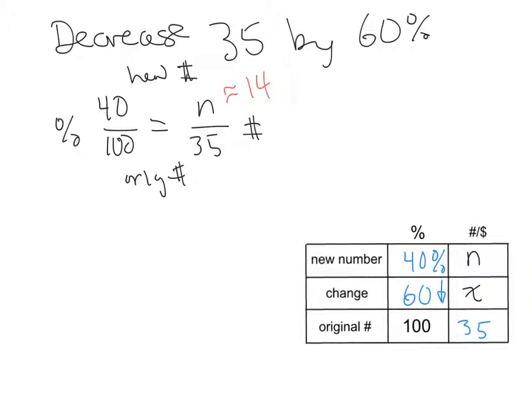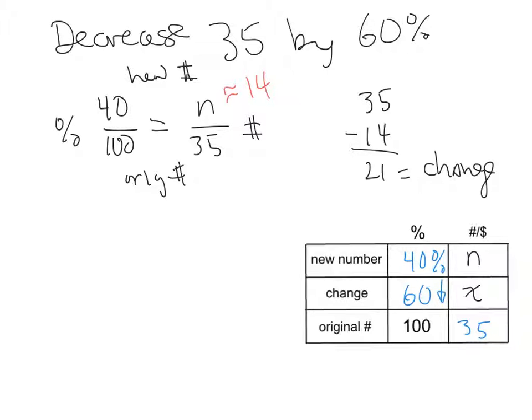However, if I said what was the amount of change, we could also solve that. Now that we have an answer of 14, we could find the amount of change by doing 35 minus 14 is 21, and we could have said that that's the change on the number side. But let's calculate that with a proportion just to double check.